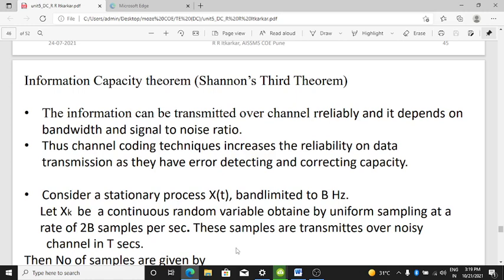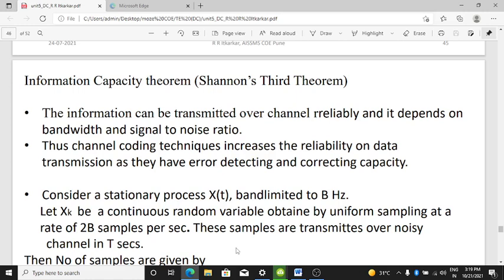Consider a stationary process x of t band limited to B hertz. Let Xk be a continuous random variable obtained by uniform sampling at a rate of 2B samples per second.